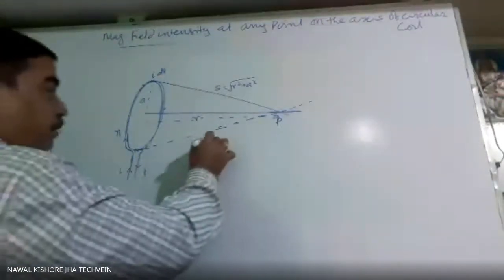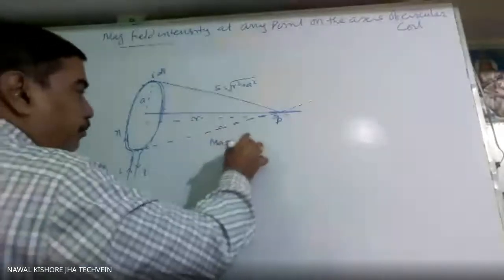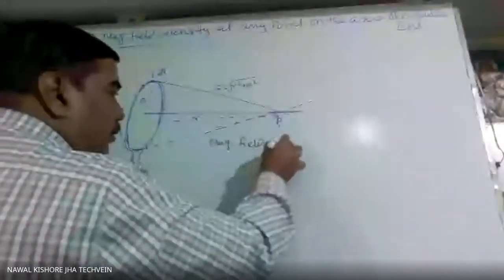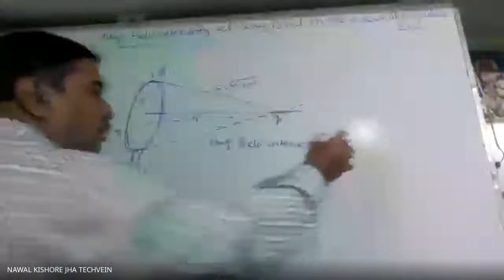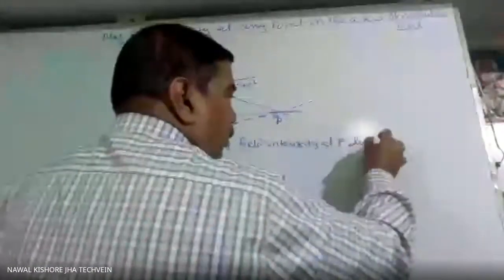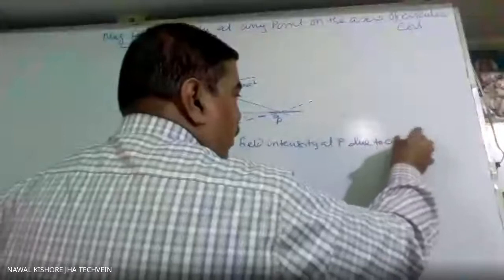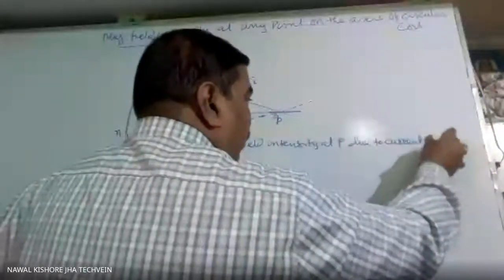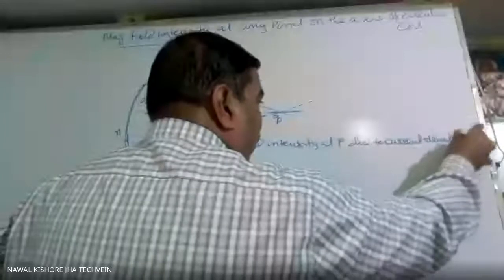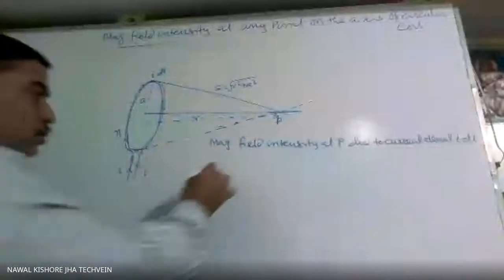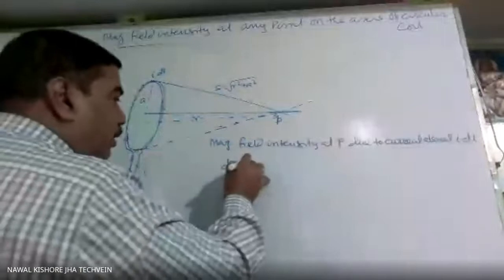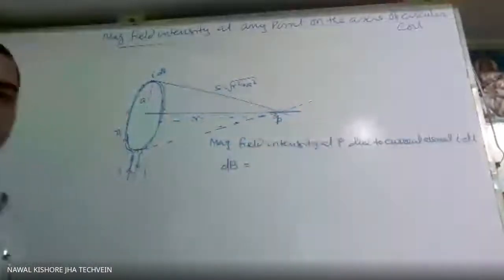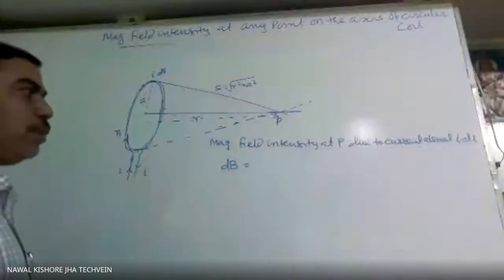So what will be the magnetic field intensity at P due to the current element IDL, or you can consider I delta L, no problem. If you have considered dl, then you will write dB; if delta L, then delta B. So what will this be?